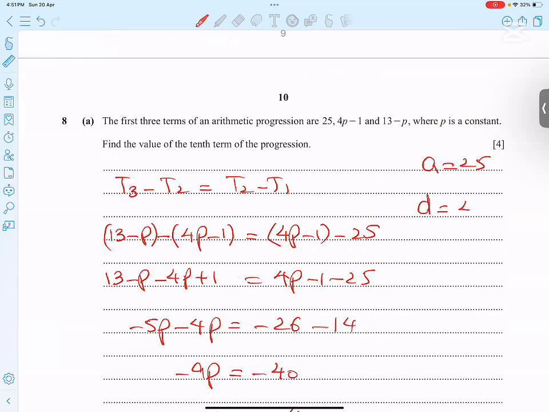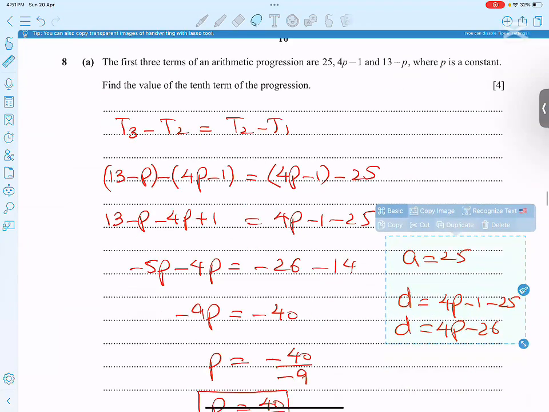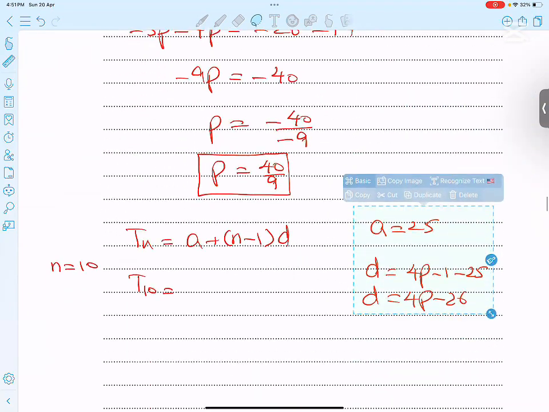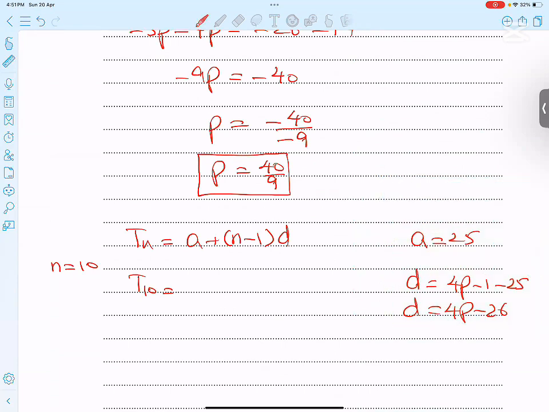Common difference is our second term minus first term. So common difference becomes 4p minus 26. So this data I'm going to bring down. Now I can apply. First term is 25, n is 10, and common difference, I got it just now, 4p minus 26. But the p value I'm going to plug in, and then inshallah the answer.